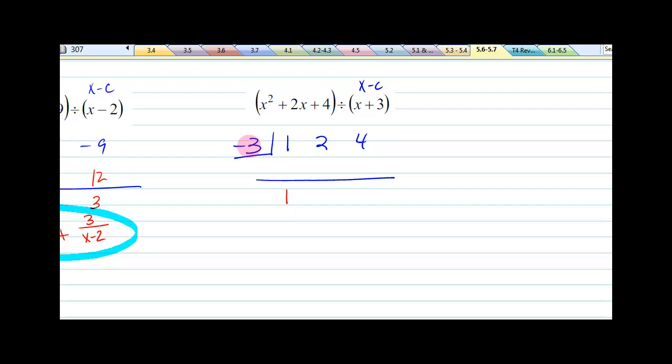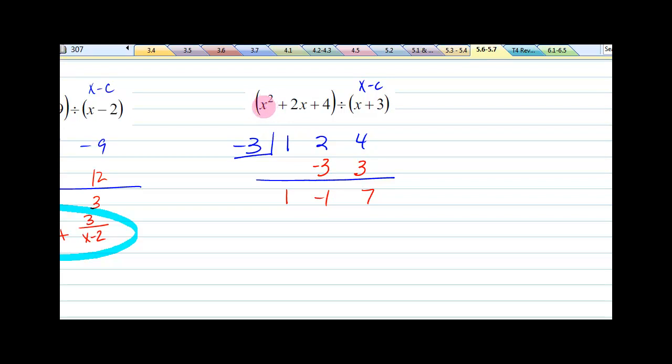And now I multiply negative 3 times 1 is negative 3. Add straight down, I get negative 1. Negative 3 times a negative 1 is a positive 3. Add straight down, I get 7. I'm going to have a remainder, and when I rewrite my answer, I look up here to the original polynomial.